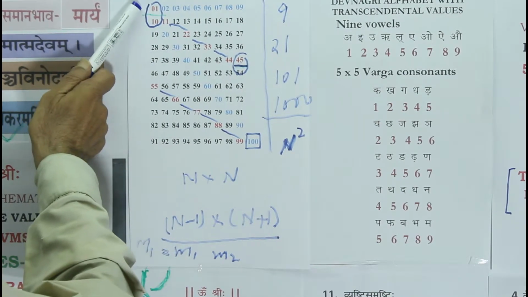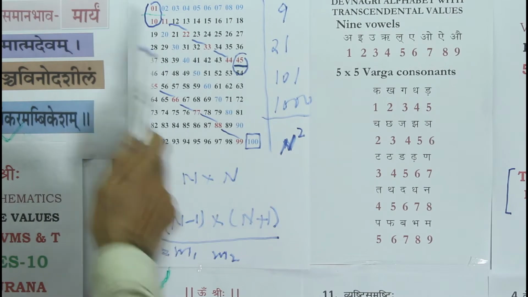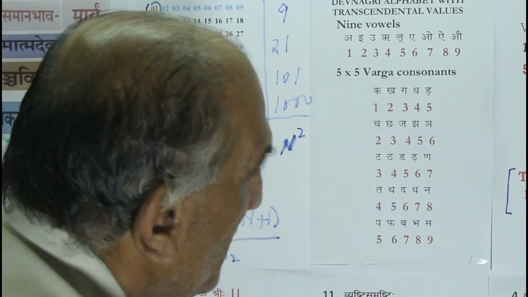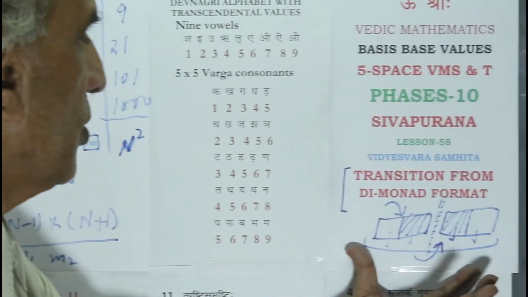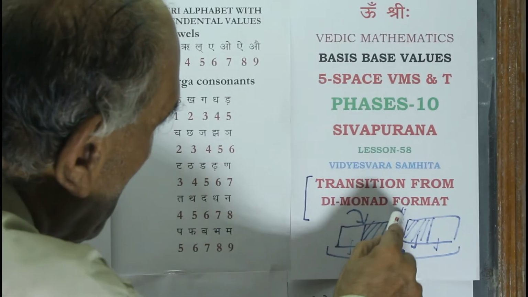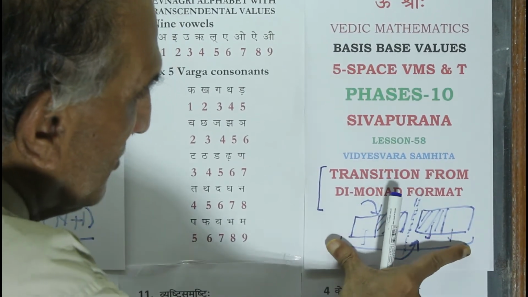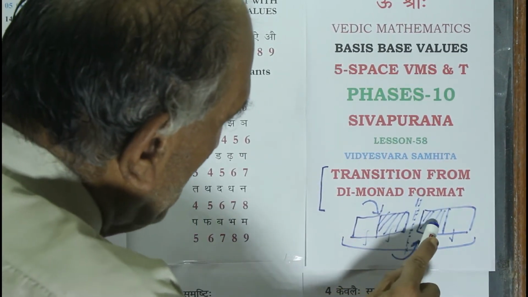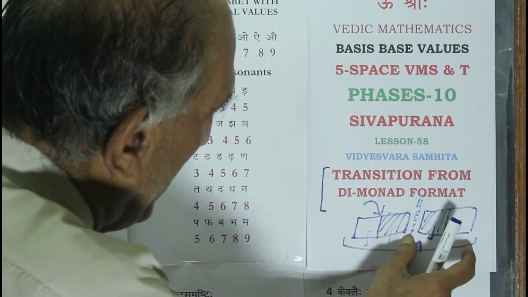It is of an object and an image, and this object and image attainment and reach makes it a reflection pair of an object and image for the pair of dimonads.